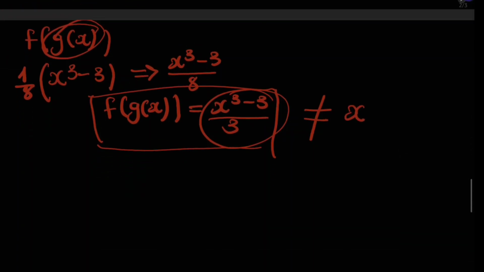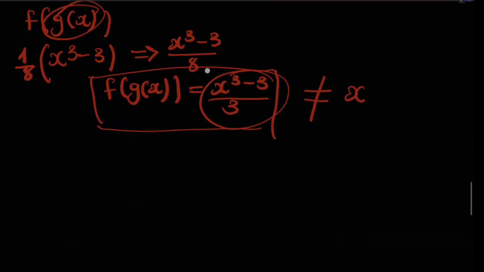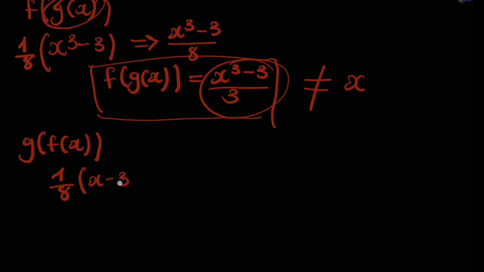But anyways, let's take the second case, which is g of f of x should be equal to x. So let's have g of f of x. Remember, this should be equal to x. So let's substitute. So we have 1 on 8 x minus 3, all that cubed.